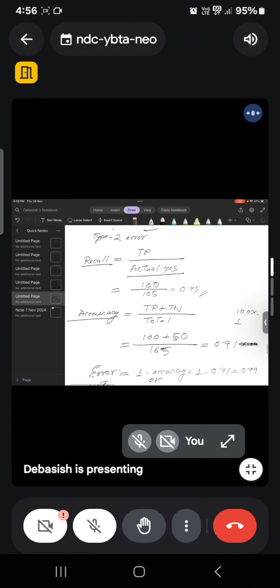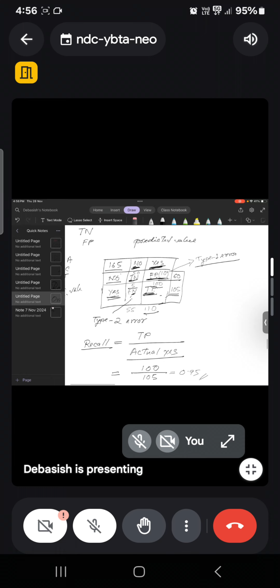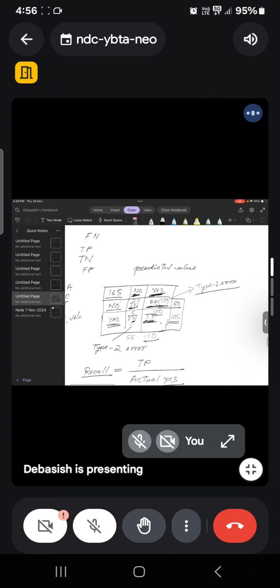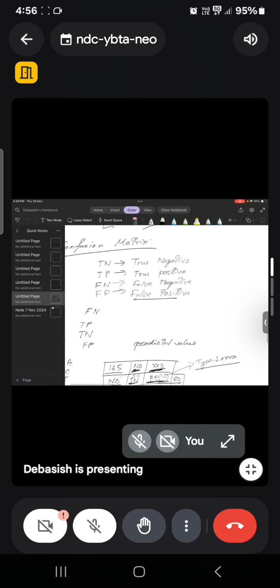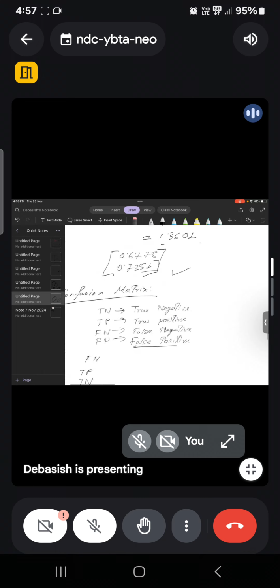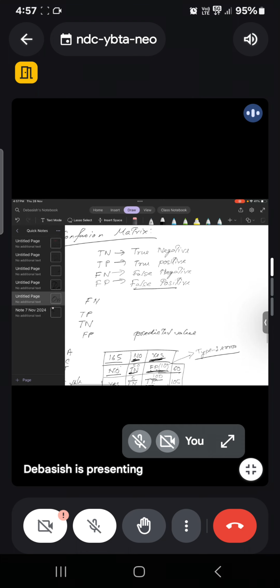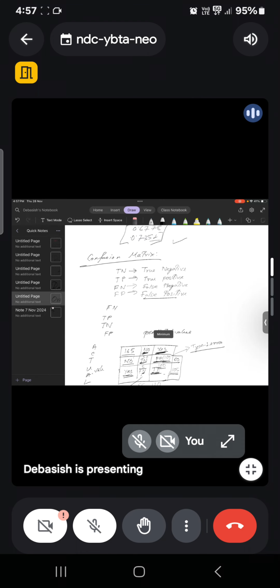Just tell me, is there any question regarding the confusion matrix? This equation you don't need too much, but this confusion matrix you will need.